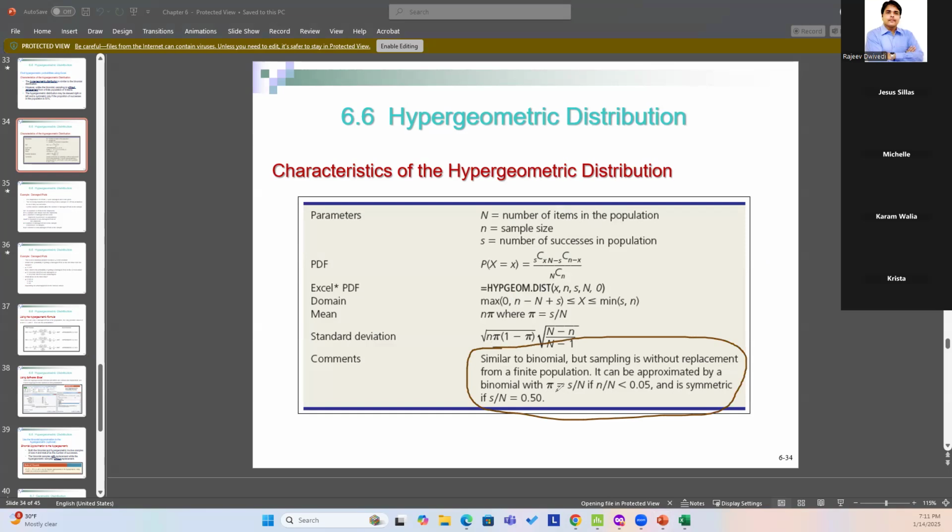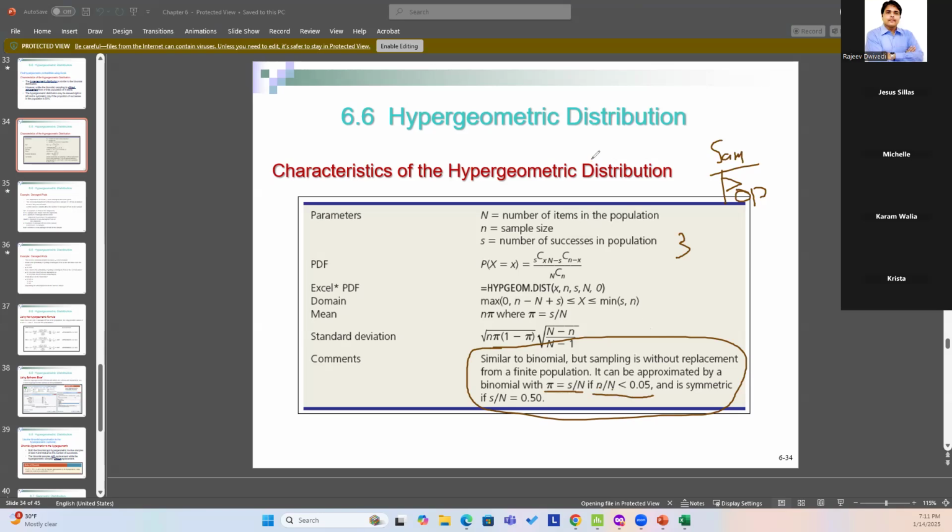Basically, a few questions in MCQ or fill in the blanks: when small n divided by capital N, the sample, is so small compared to the population, then it can be treated as a binomial distribution.